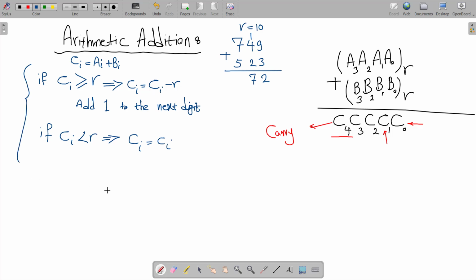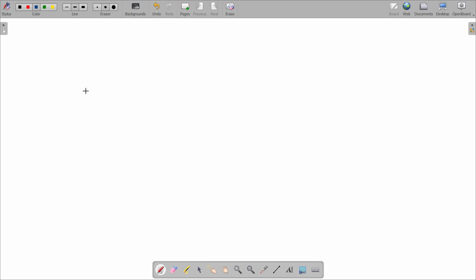This is the algorithm that I can apply for numbers in all the different R-based systems in addition. For example, suppose that I have two numbers and want to add them together in the binary system. Look at here, suppose that I have something like that.